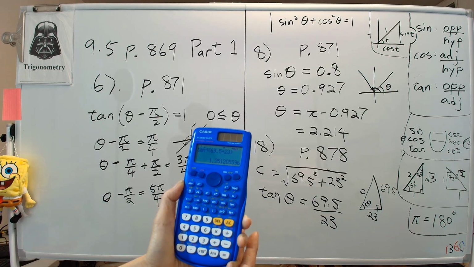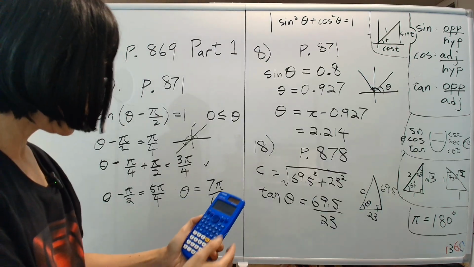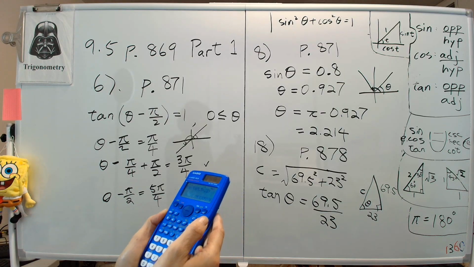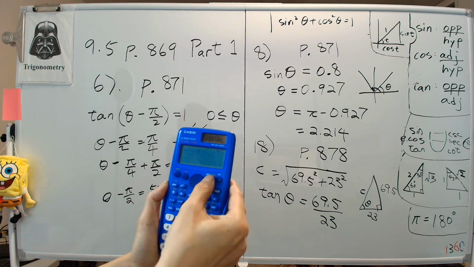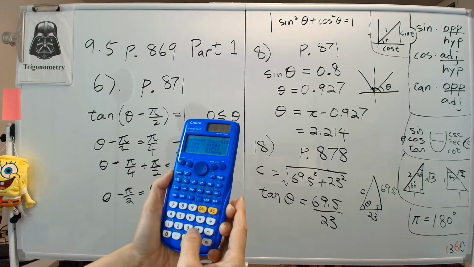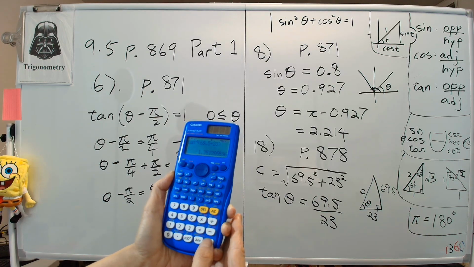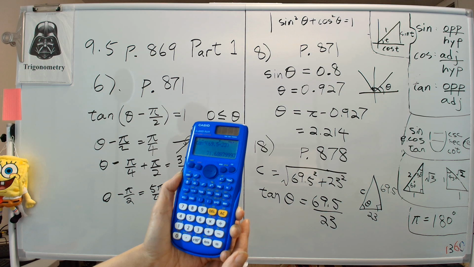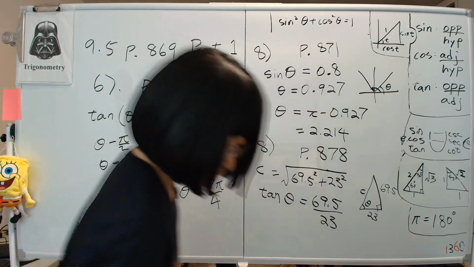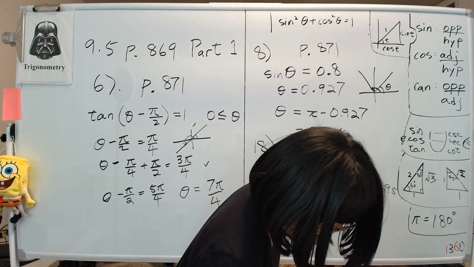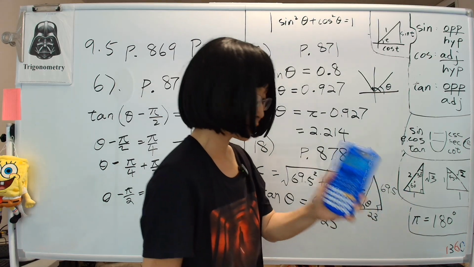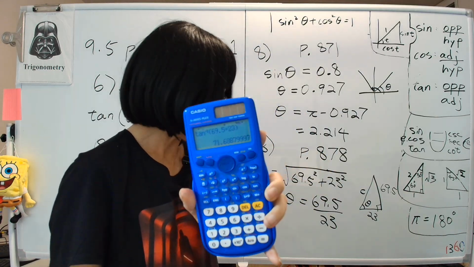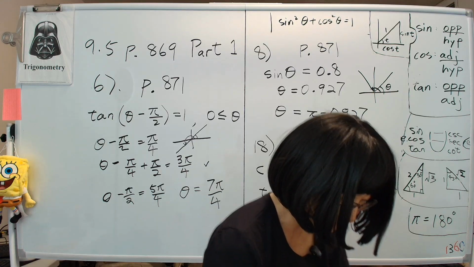Theta is 1.25, which they probably want in degrees. So if we shift it into degrees, which is 3, and do it again, we get 71 point something degrees. Is that what it says? The answer on the next page is 71.69. That is correct. So that is example 18.